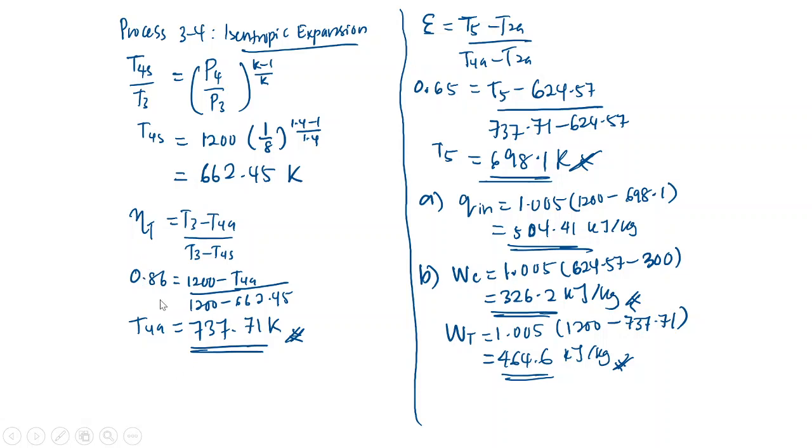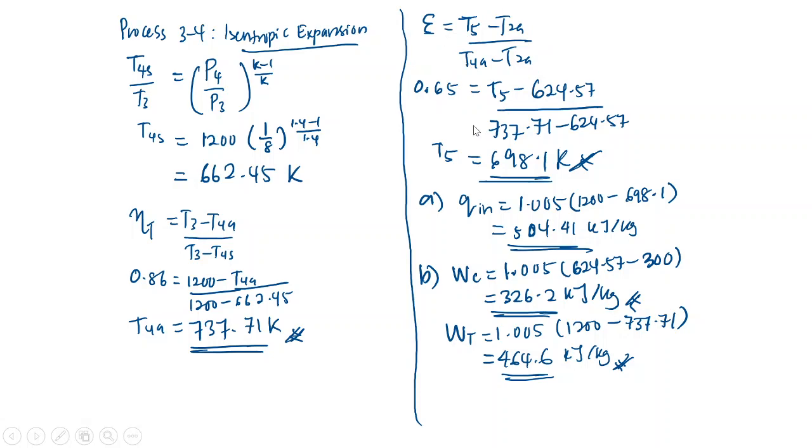So the actual temperature at point 4 is 737.71 Kelvin.